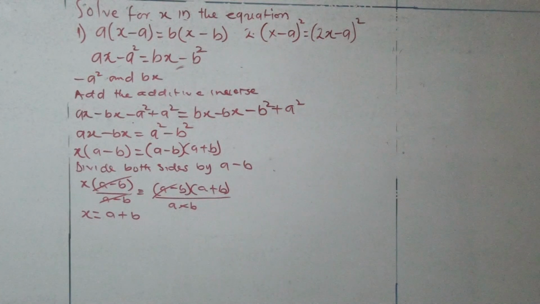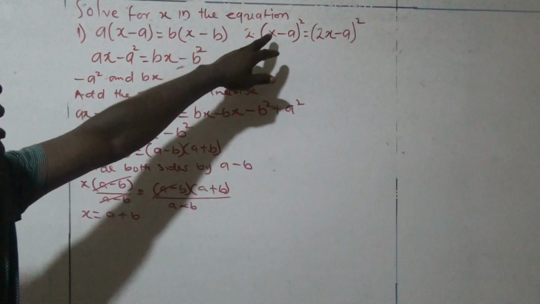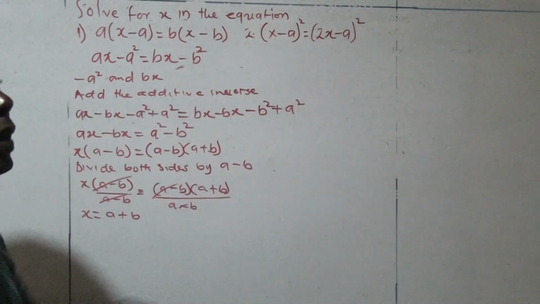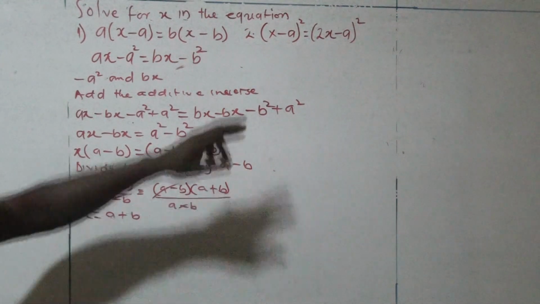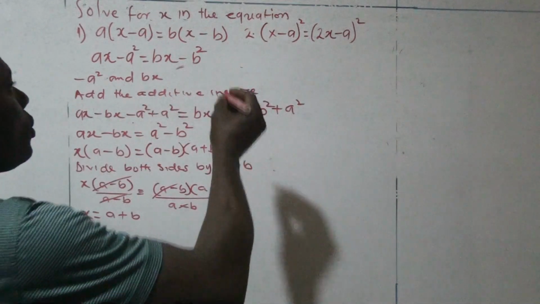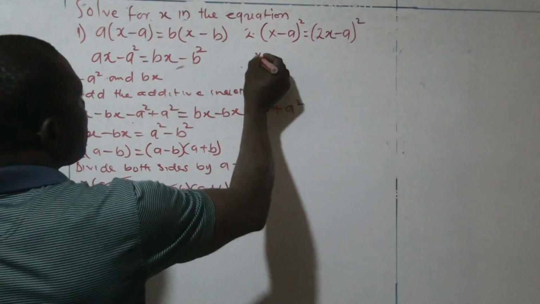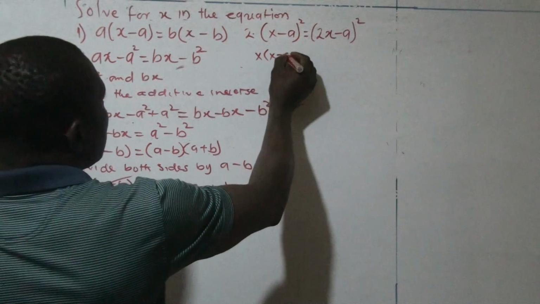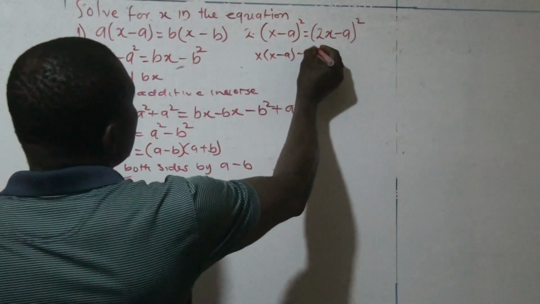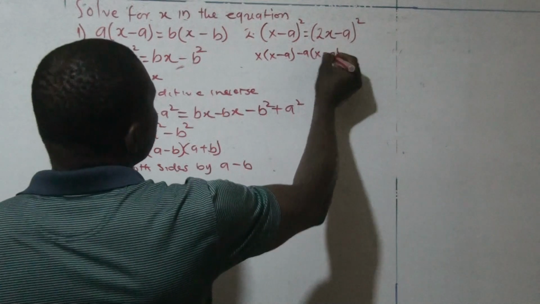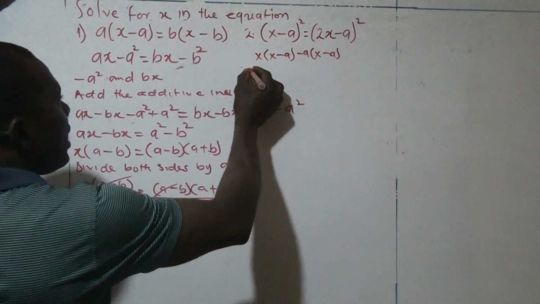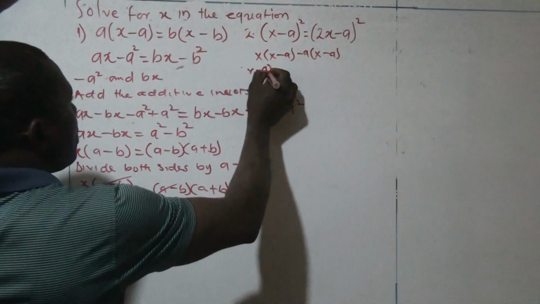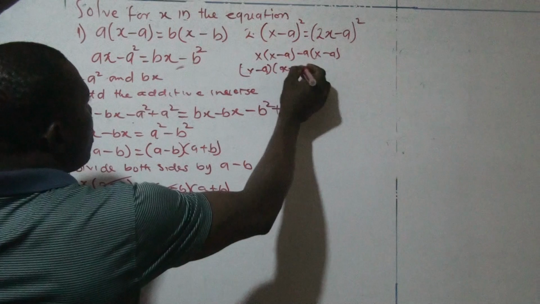Let's quickly look at the other part, where we have open bracket x minus a, all squared, is equal to 2x minus a, bracket all squared. Here we will expand this bracket, and by doing so, this simply means x minus a into x minus a.